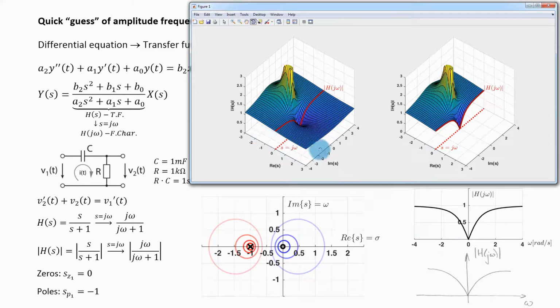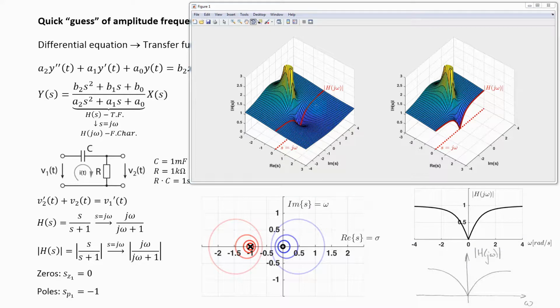Here I have the complex plane, the s-plane. This is the real part of s, and this is the imaginary part of s. On the vertical axis, I draw the magnitude of H(s), so this surface is the magnitude of the transfer function drawn for various values of s.